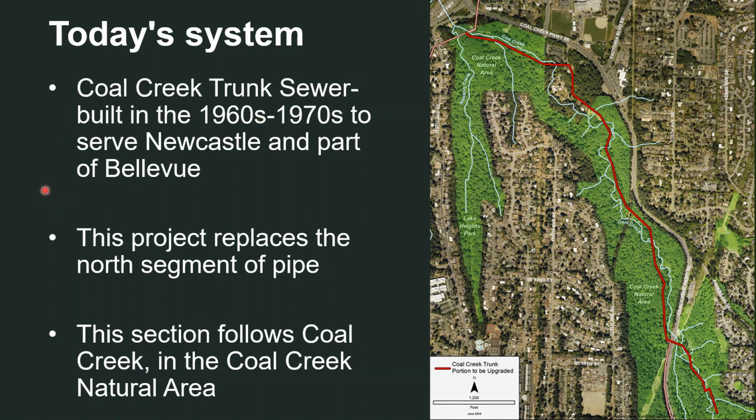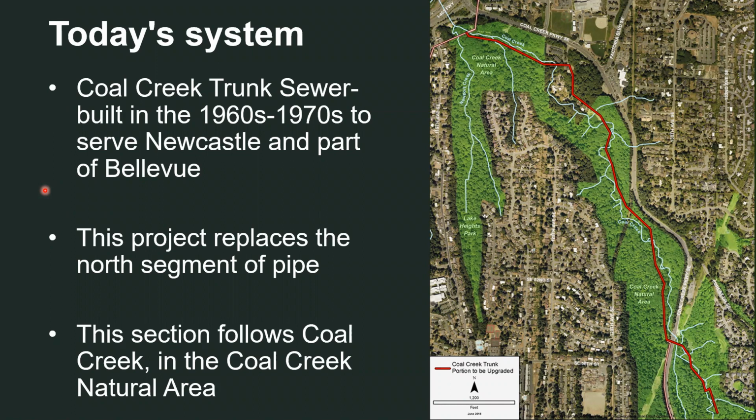So in the 60s and 70s, King County Metro built this sewer pipe as part of a regional effort to provide better wastewater treatment for the urban growth area in King County. One thing that I want you to notice is the amount of development around Coal Creek today.